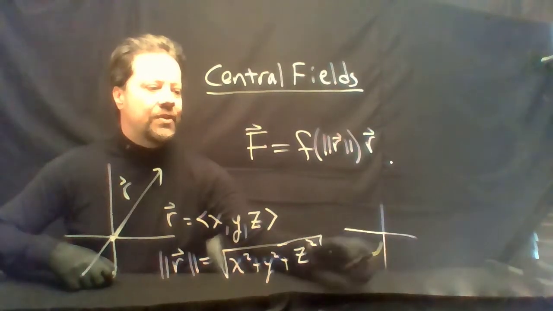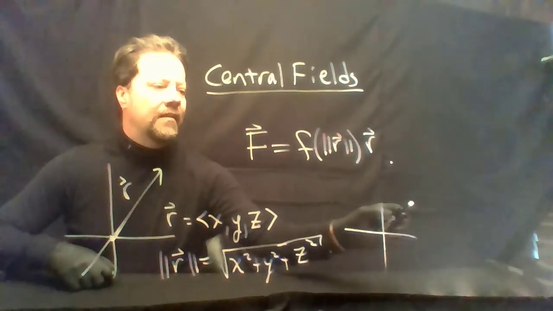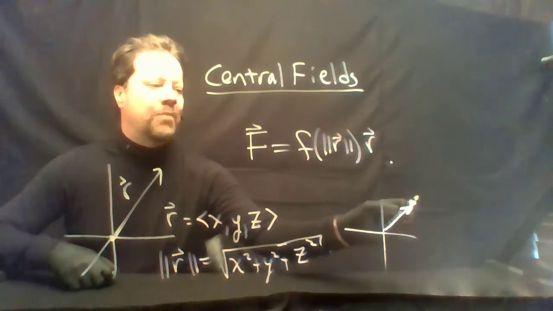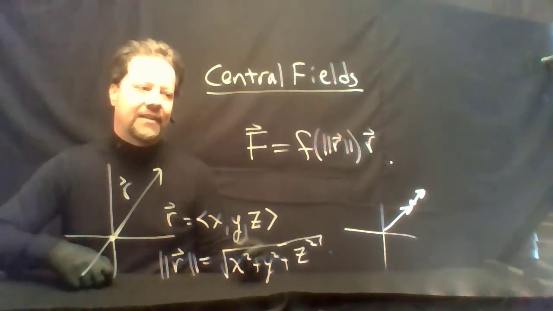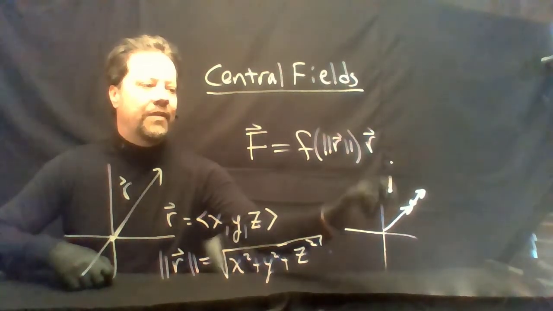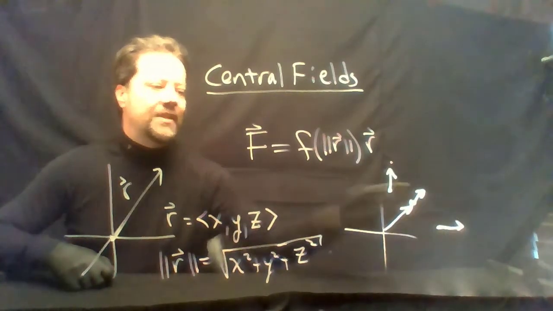So if you choose, for instance, some point in the plane, the position vector points towards this point. At that point, you're going to assign some rescaling of the position vector. At another point over here, some rescaling. Another point over here, some rescaling.